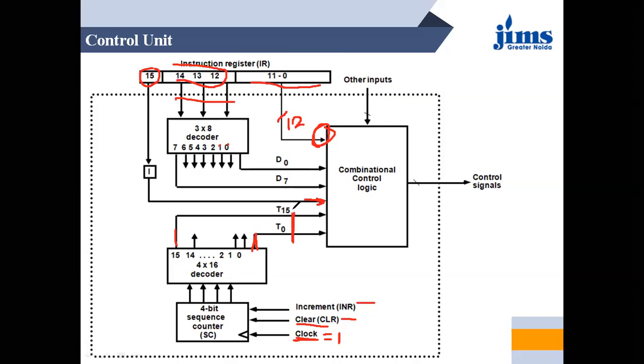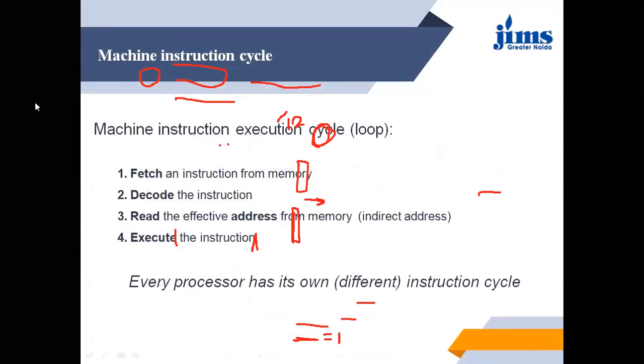By using these 16 lines, we transfer the data values or signals, and by these 8 lines we transfer the operation, that what operation this circuit has to perform. Then after applying all these in a desired manner, we get the control signal. So this was the control unit, that how we can produce the control signals by using different inputs.